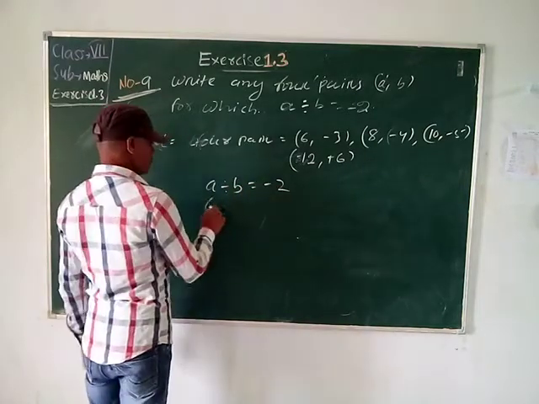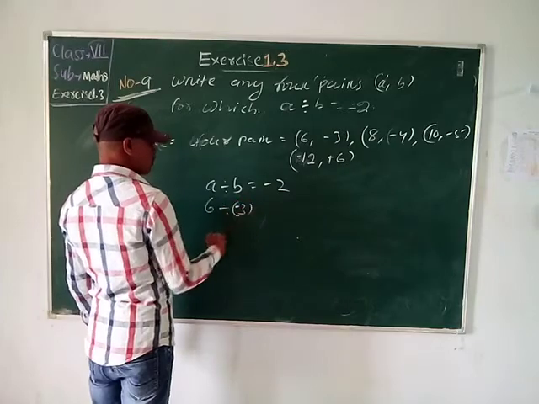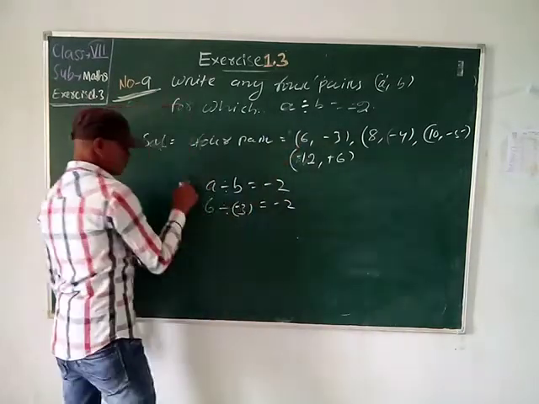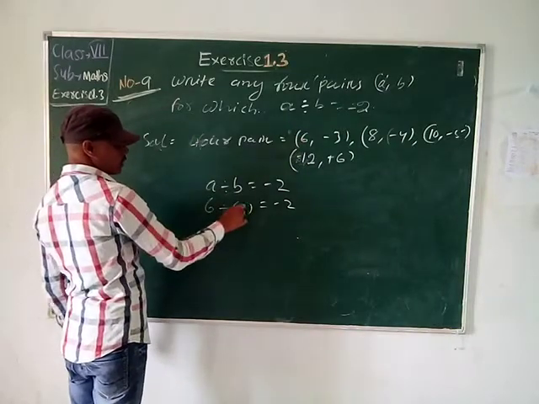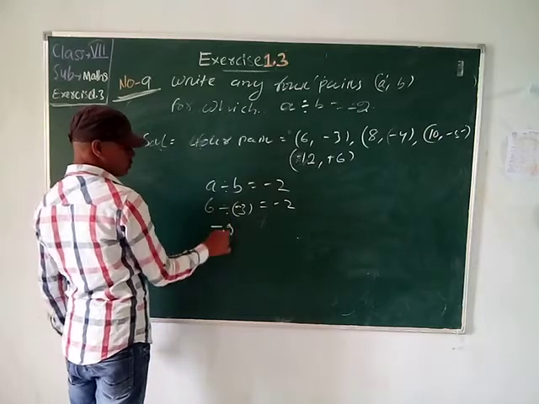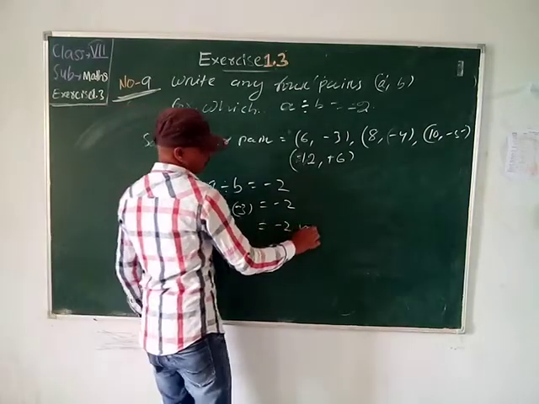Here a equal to 6, b equal to minus 3, and 6 divided by minus 3 equal to minus 2. Verified.